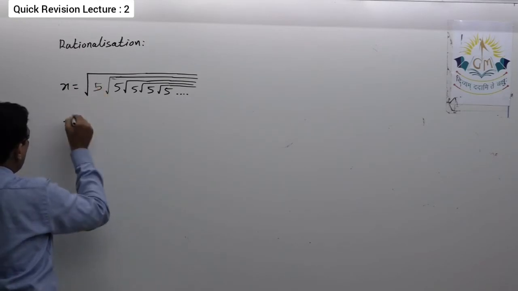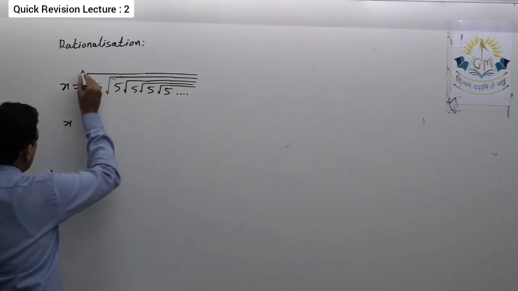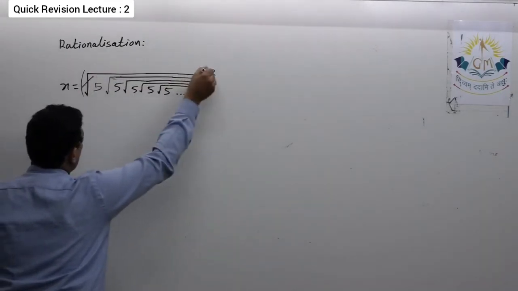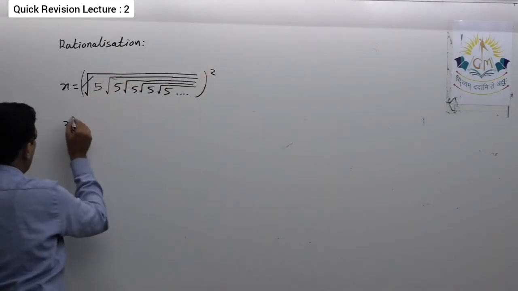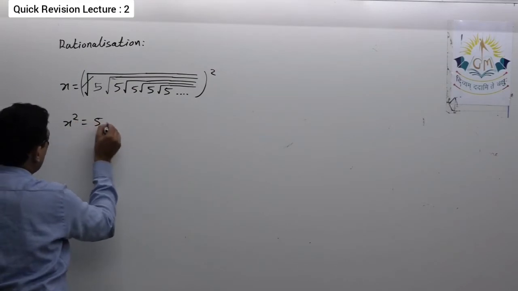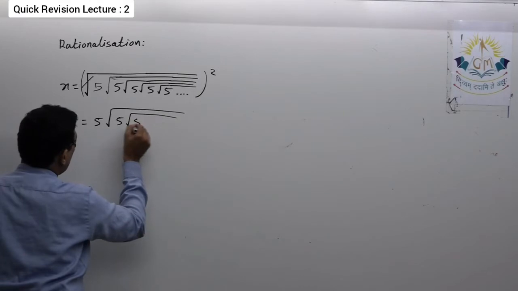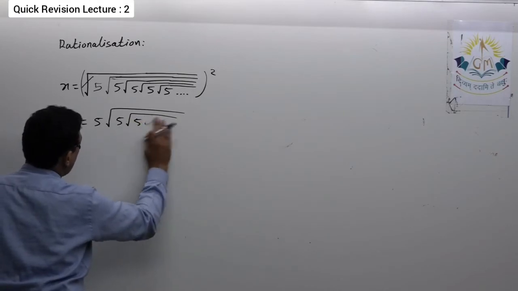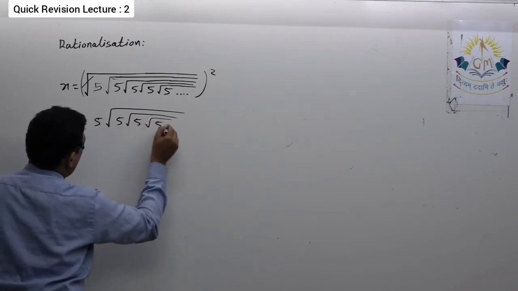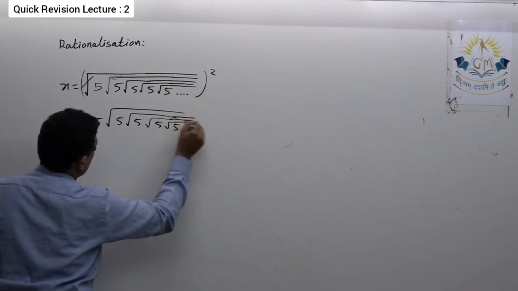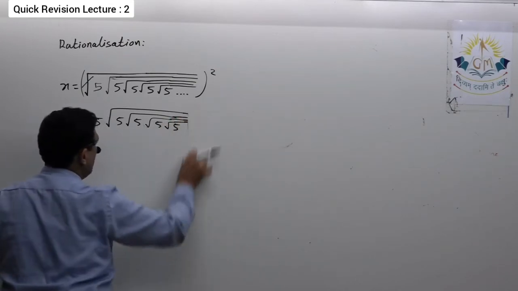Now if I square on both sides, so if I square this particular term, this root sign will cancel out, isn't it? So I will get x square is equal to 5, and again I will get the same thing, root 5, then root 5, and so on. This I will get by squaring both sides.